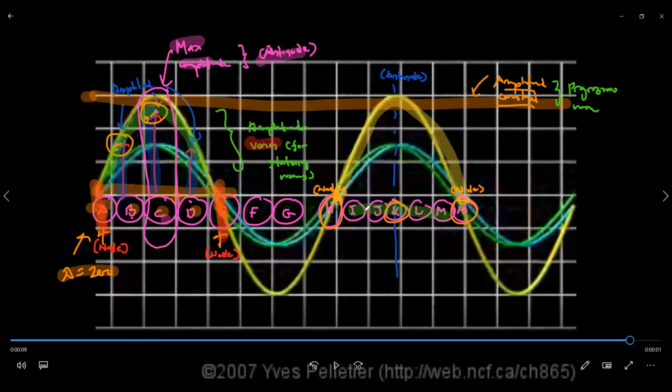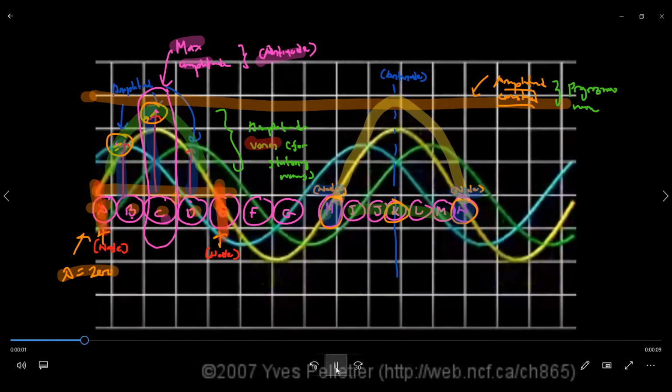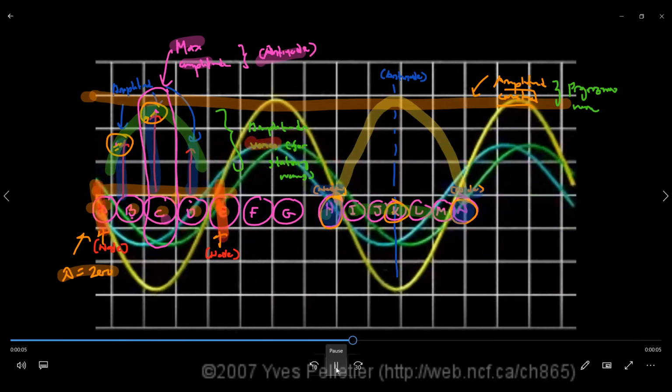Don't need to focus on H or N because those two I mentioned to you are your nodes. So don't need to focus on those two. I just need you to focus on IJKLM. Now, look at how the stationary wave is moving for IJKLM.